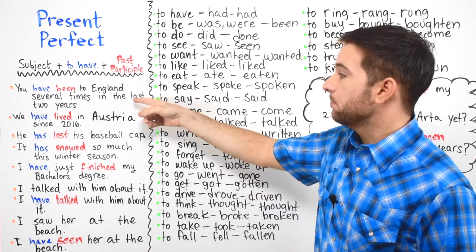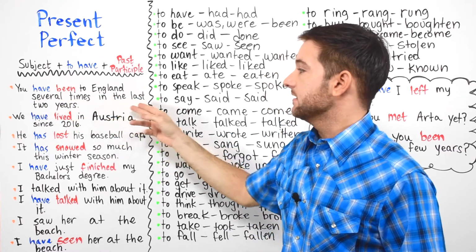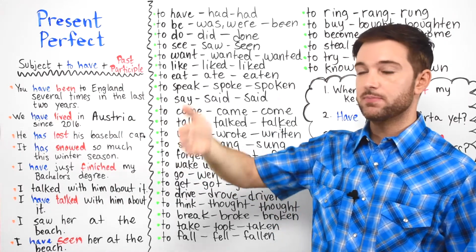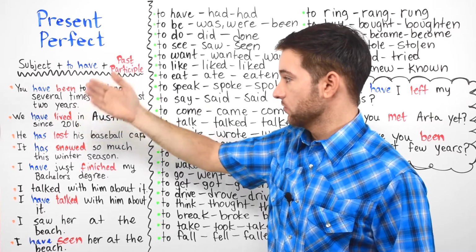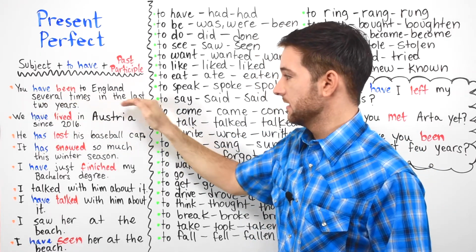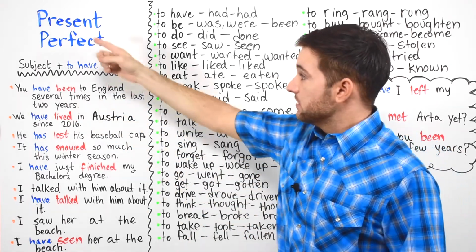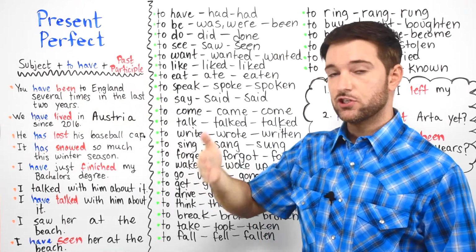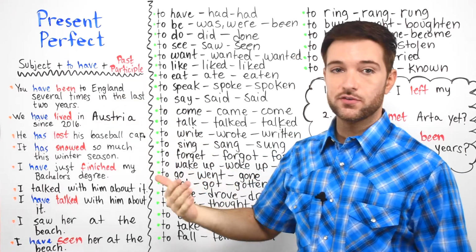Like in this example here, it says, you have been to England several times in the last 2 years. So remember, an action that's repeated over and over again. Several times, repetition. So in this case, we use the present perfect tense because we're showing this repetition, that you have been to England over and over again.